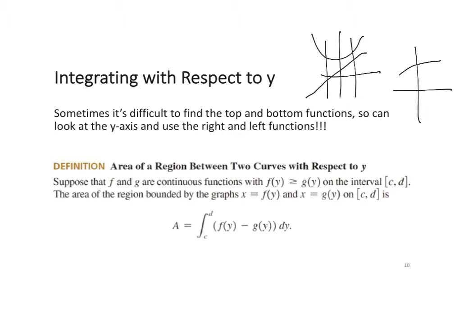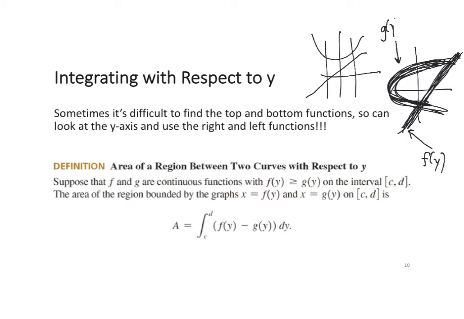So if I have something like this, for example, I can think of the line as the quote-unquote top function, but it's really the function that's on the right, and the quote-unquote bottom function is actually the function that's on the left. And so the top function would be my f of y, and the bottom function would be my g of y.